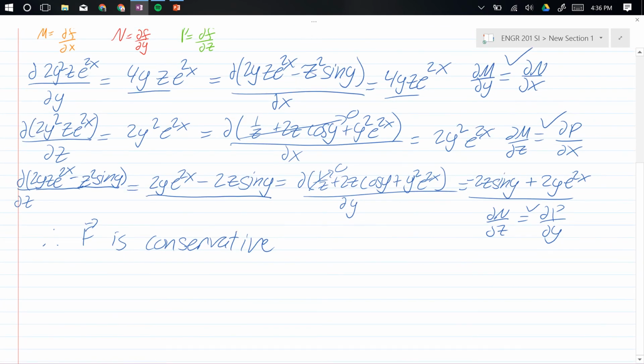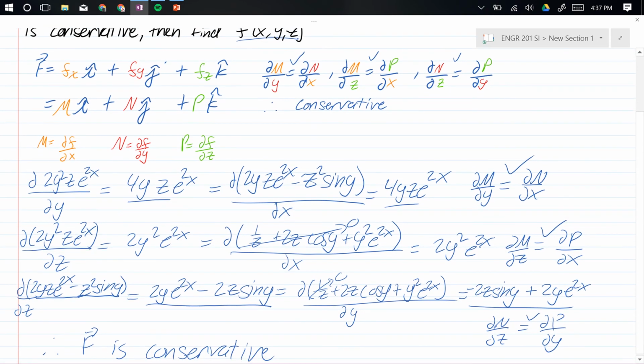Just doing that is a big component of this problem. Even though it's pretty straightforward, you have to do it always. So make sure you know these equations, and make sure you can at least understand how to get them. The reason I used this color scheme is to show that every time you do the three different combinations of M, N, and P, your x would always be across from your m, your y would always be across from your n.